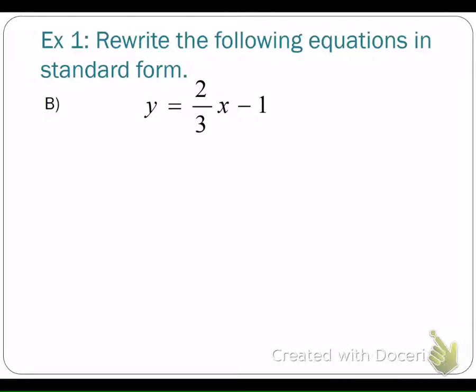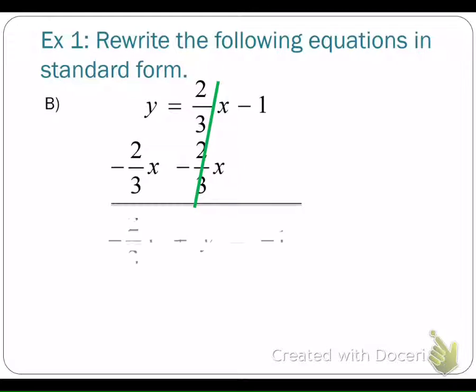Any thoughts? Yeah, we're going to subtract the 2/3 x, which you might already see that that's going to introduce a whole new problem. Because now my leader is negative and I have a fraction. Can we solve both of those issues in one swoop?